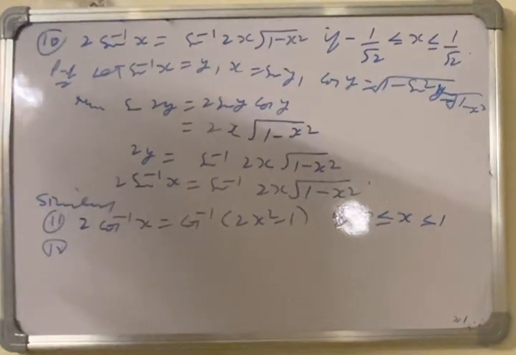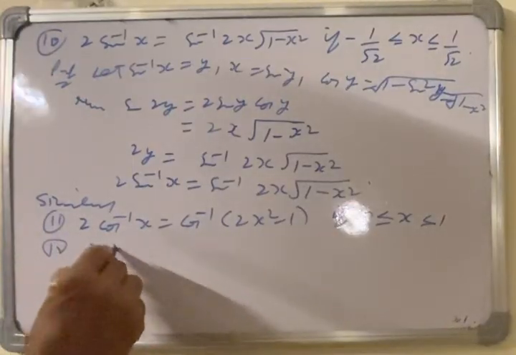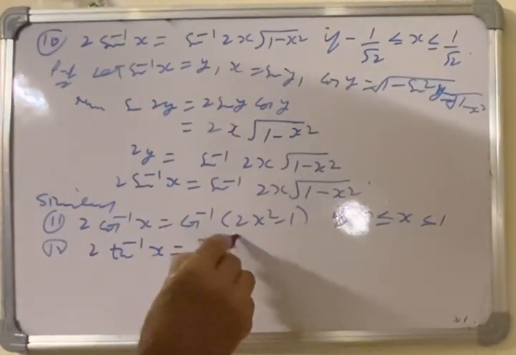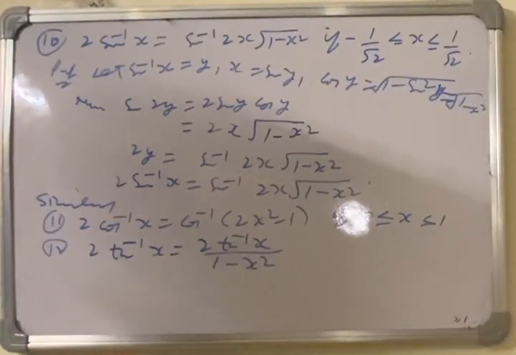And similarly, 12th property, we have 2 tan inverse x is equal to tan inverse 2x over 1 minus x squared.